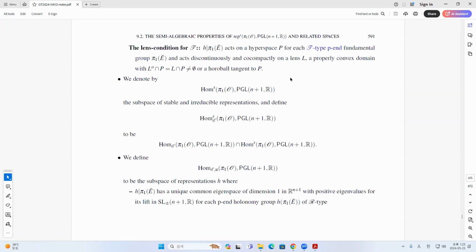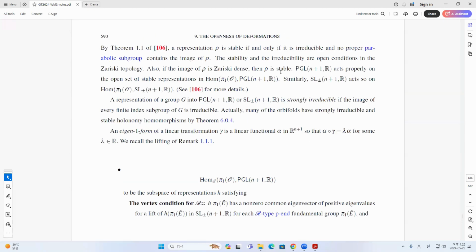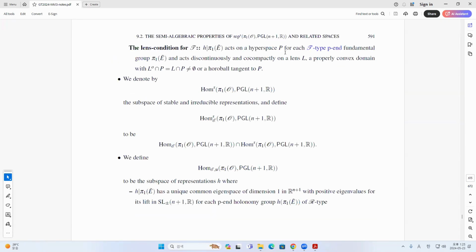And the lens condition is that pi_1 of a T-type end acts on a hyperspace P and discontinuously cocompactly on a lens. L is a properly convex domain with L intersect P nonempty, or it acts on the horosphere tangent to P. So it either acts on a lens or on the horosphere.